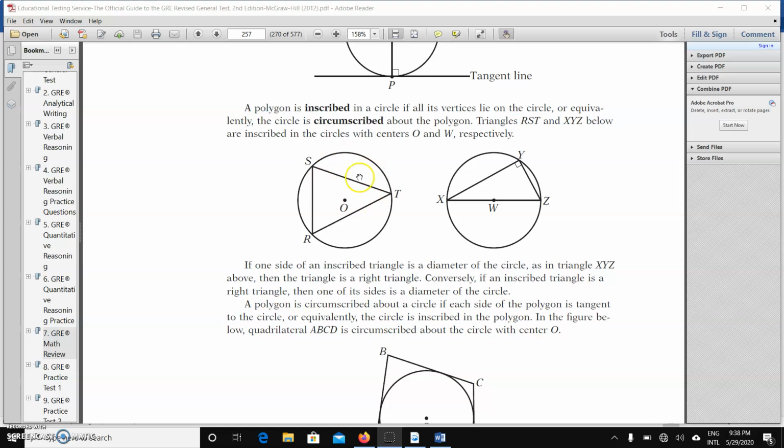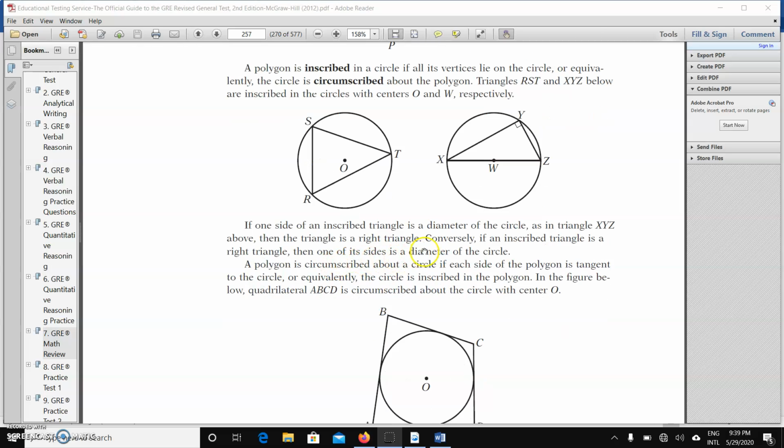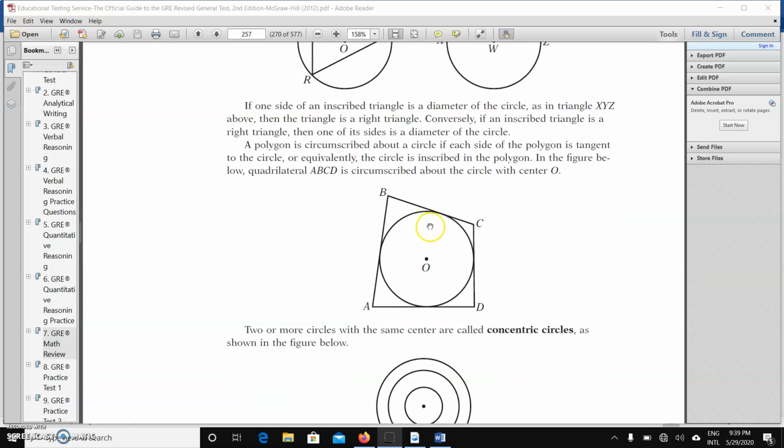Now, I want to talk about how shapes can be described in a circle. See, this triangle is inscribed in a circle. See another one inscribed. See another one.